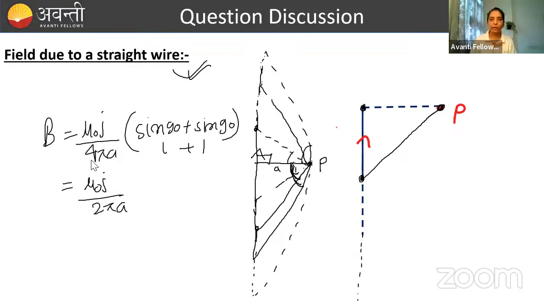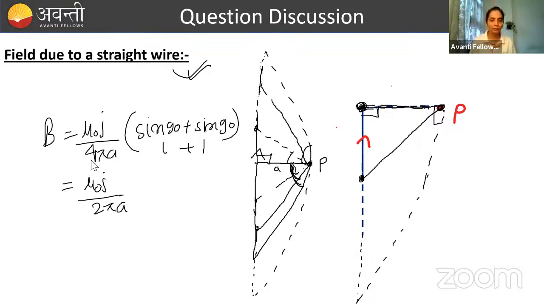Now, if the wire is semi-infinite, in that case, what will you do? So see here, in this case, one end of the wire will make an angle of 90 degree, but another end is here, and the perpendicular is also this. Done. So this line is making what angle with this line? 0 degree. And they overlap each other because we have to calculate magnetic field at the point P. तो हम क्या करेंगे यहाँ पे?